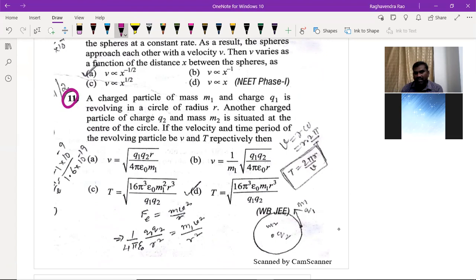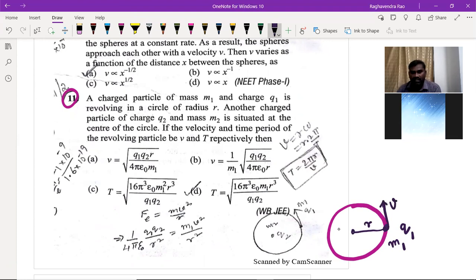A charged particle of mass m1 and charge q1 is revolving in a circle of radius r. So this is a circle, and in this circle we can take one particle of charge q1 and mass m1, revolving in a circular path of radius r with some velocity v.